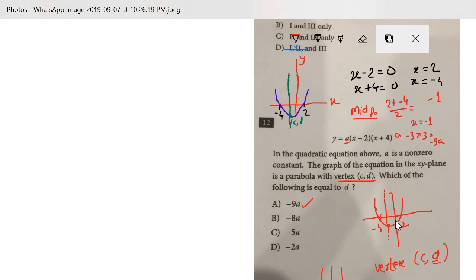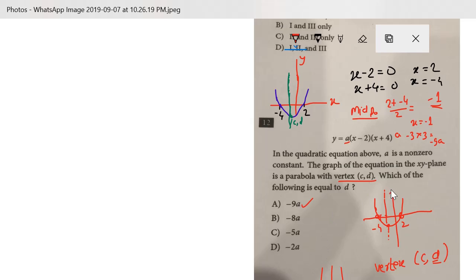The midpoint of 2 and minus 4 will be (2 plus minus 4) by 2, which gives me minus 1. So the x coordinate of the vertex is minus 1.